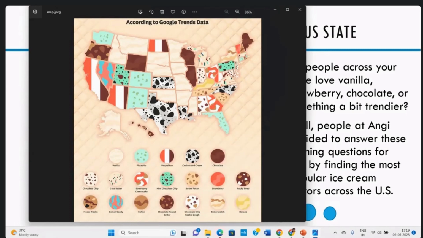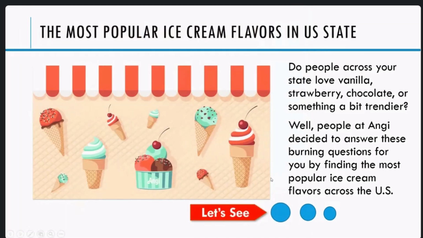You can see 3 to 4 states, 5 states, loving the pistachio flavor. So these particular things are the outcomes of descriptive data analytics. What they have done, and what more can they conclude from this?